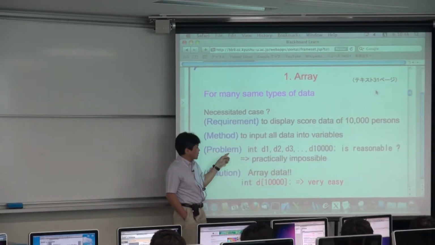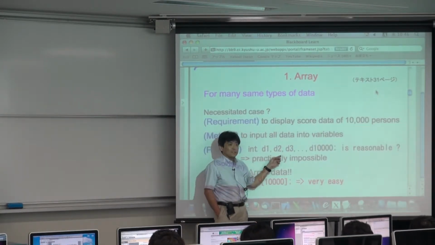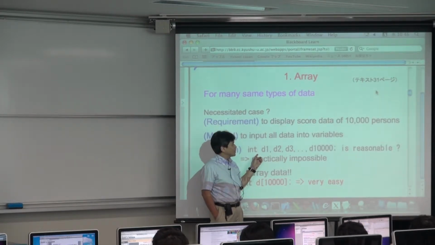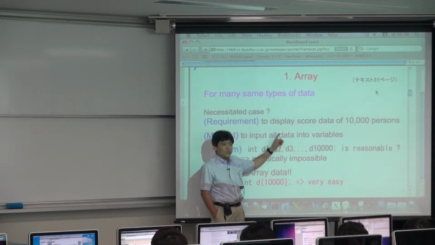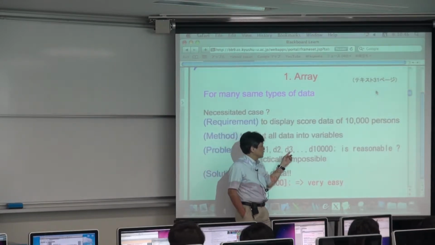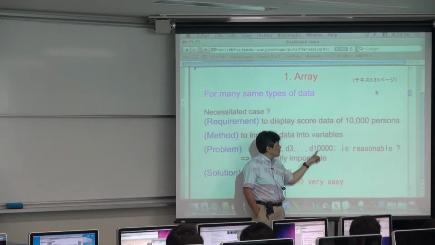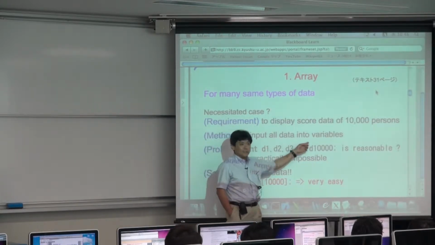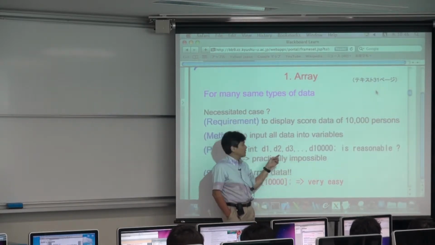Of course, normally you can define variables as integer values if this data is integers, like d1, d2, d3, until d10,000, totaling 10,000 variables.